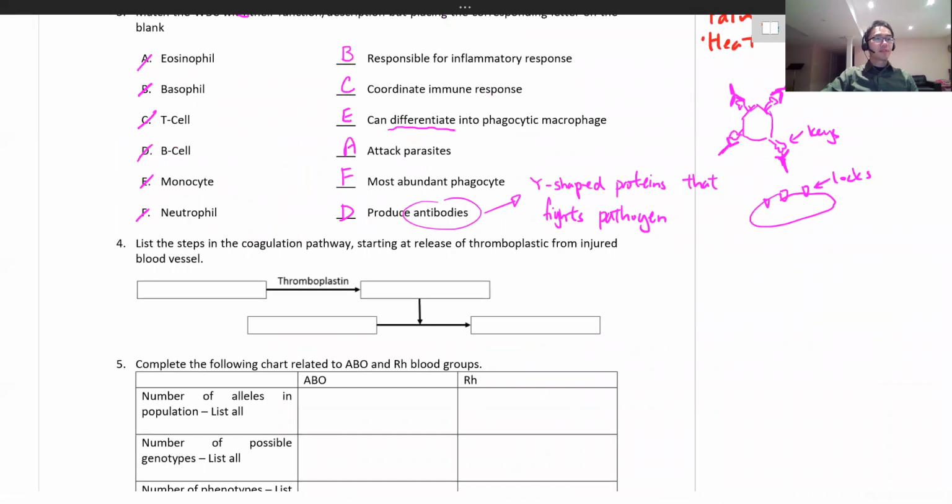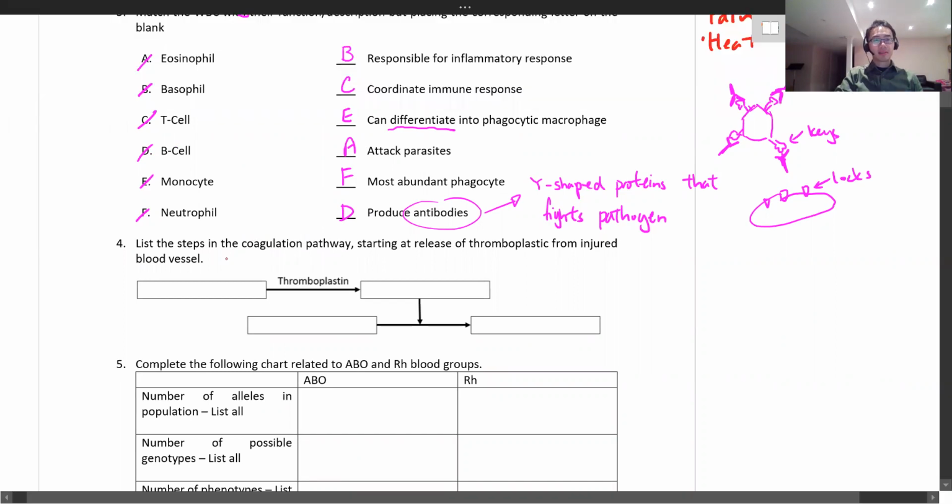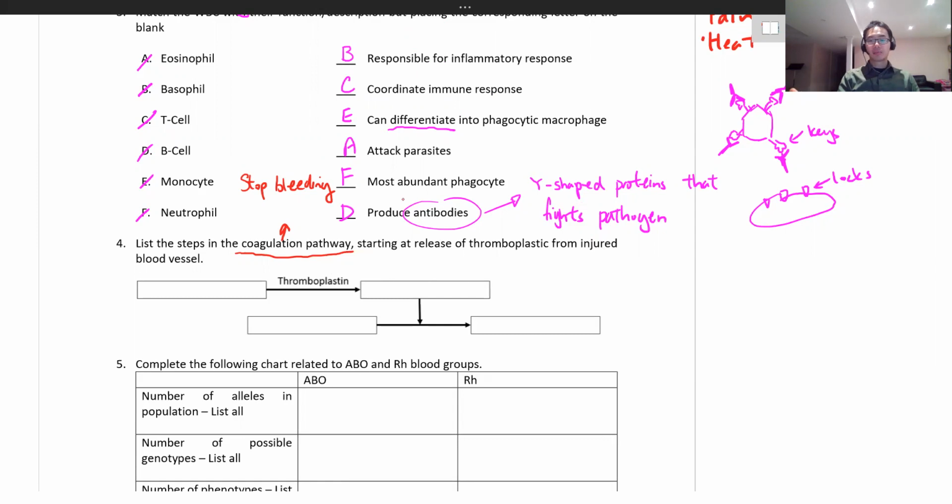Next one, we have list the steps in the coagulation pathway. The coagulation pathway basically means to stop the bleeding. If you have a cut, you need to stop the bleeding. What happens is the damaged blood vessels will expose the underlying tissue.